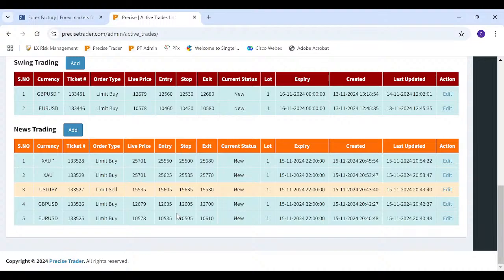Then we have a pound buying order at 1.2635, stop at 1.2605, followed by exit at 1.27, and euro dollar buying at 1.0535, stop at 1.057, and exit at 1.0610. Let me key in these orders as well.